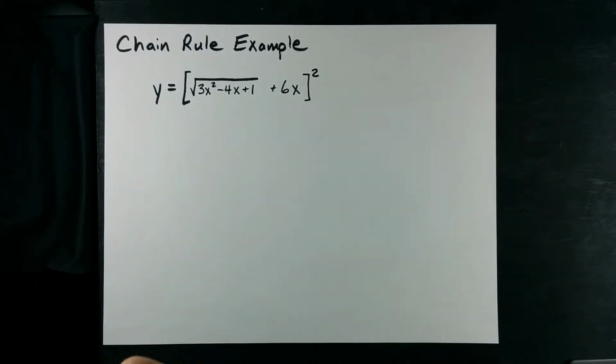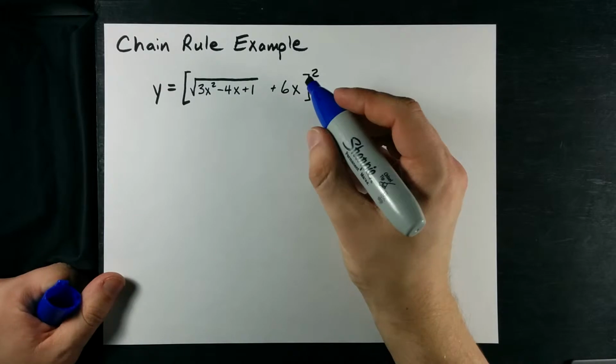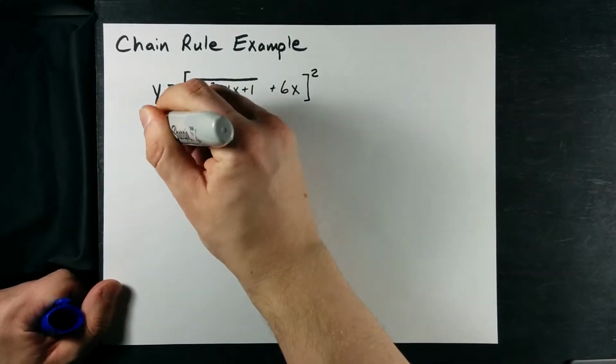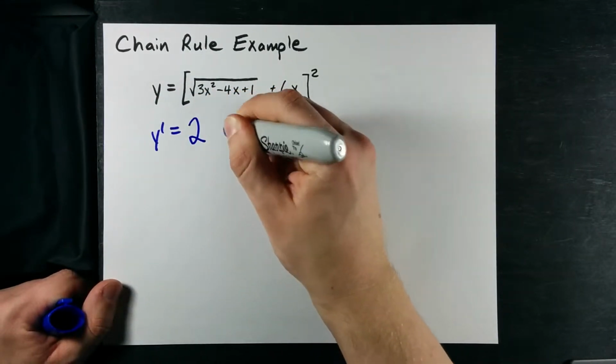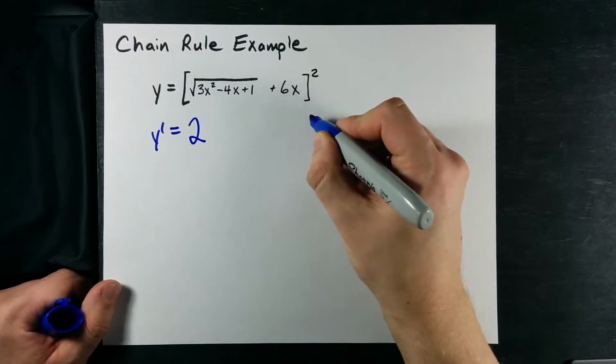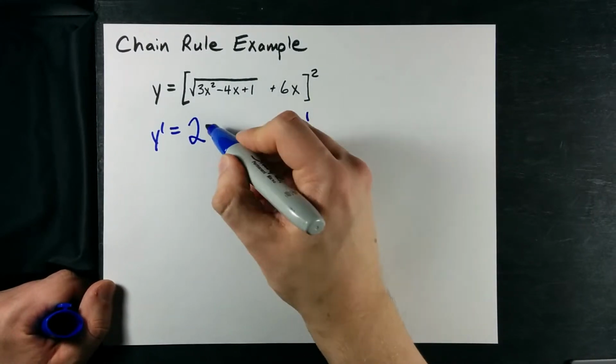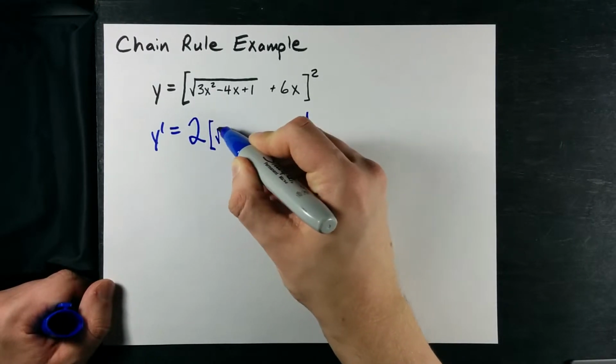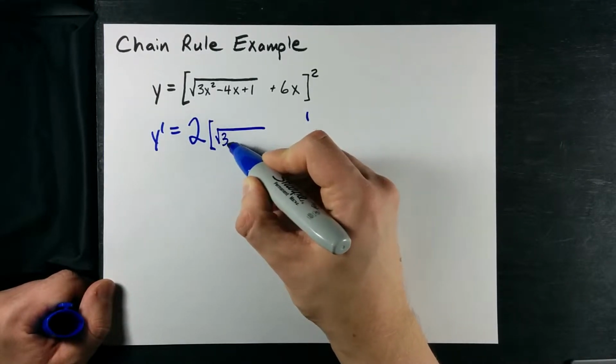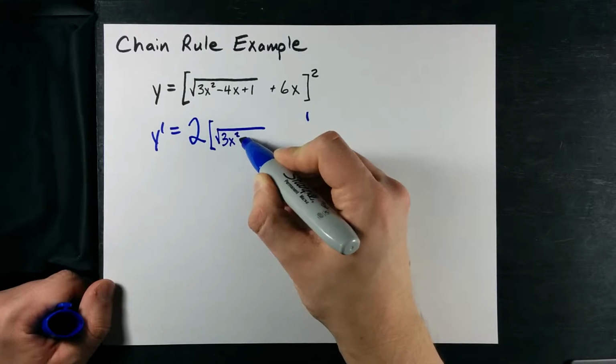Here's what I mean. If this was x squared, the derivative of this would have been 2 times x all to the power of 1, right? But it's not x. So instead, we have to keep what's on the inside of the brackets the same.